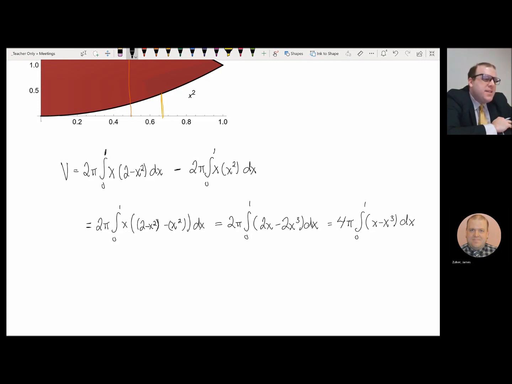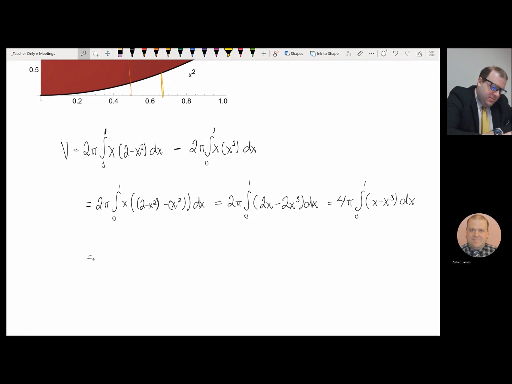You're left with 4 pi times the integral from 0 to 1 of x minus x cubed dx. Right. Integral of x dx from 0 to 1.